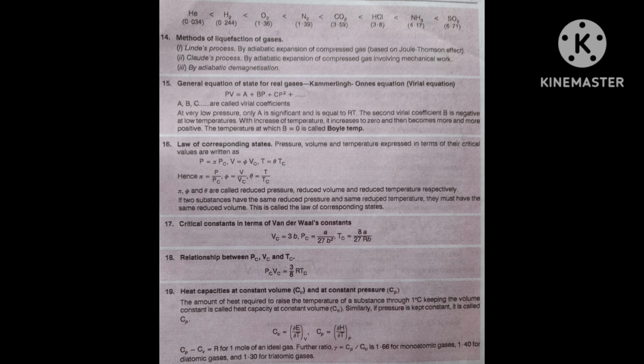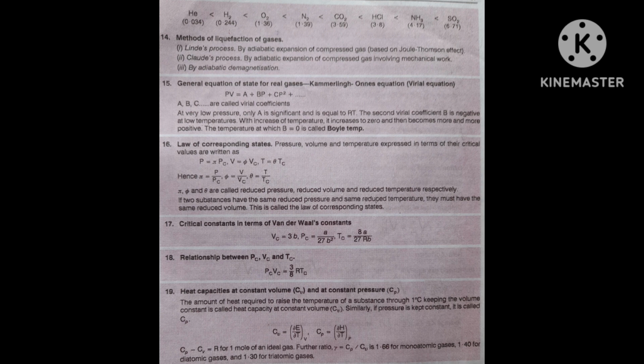But in Cp two things are done. First, heat required to raise the temperature by 1 degree centigrade, plus work done. Because gas will expand, then for expansion work will be done. That is P into delta V, the change in volume. That's why Cp value is more than Cv always.